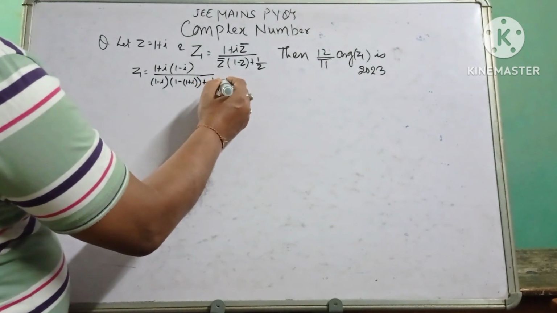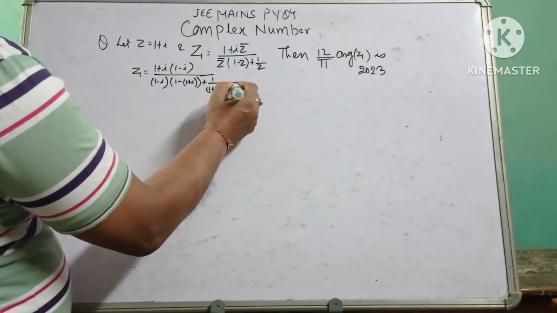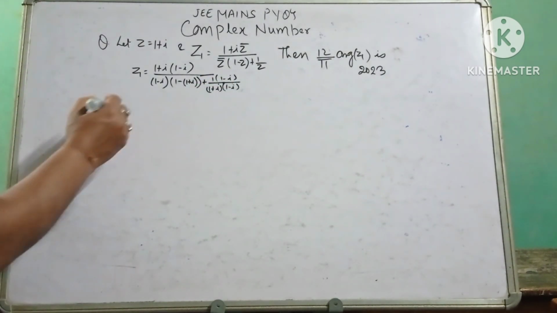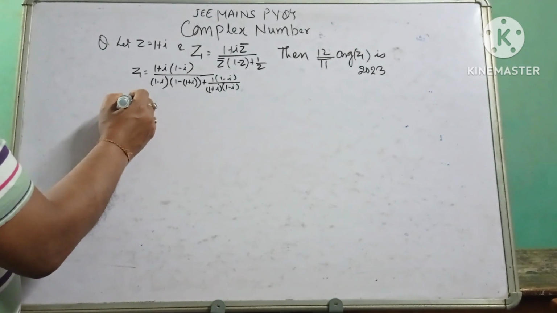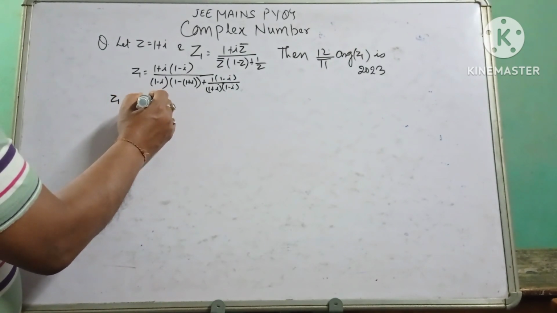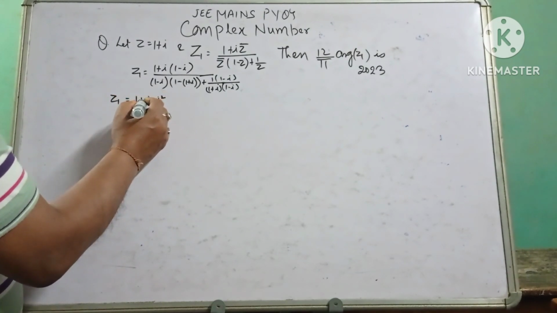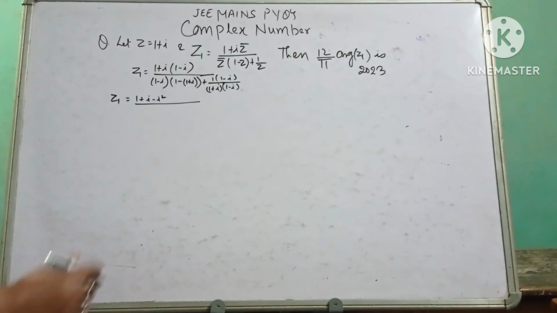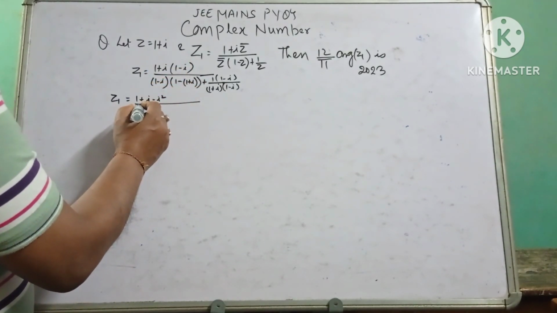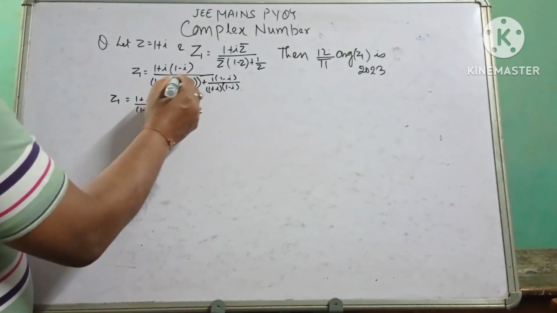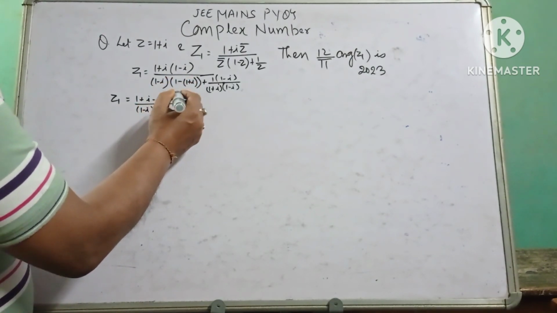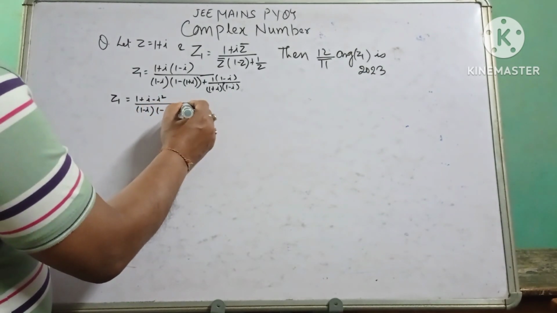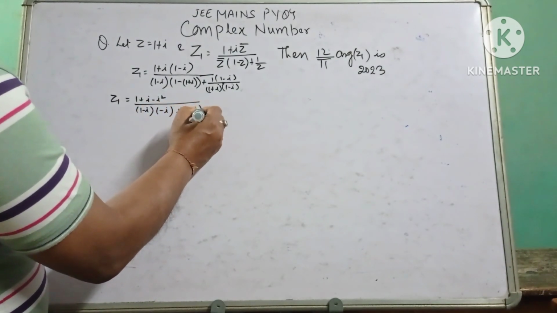So here I am going to rationalize it. z1 is equal to 1 plus i minus i square, and in the denominator 1 minus i, because 1 cancels out, and here again 1 minus i.